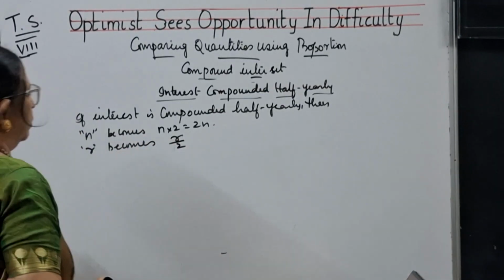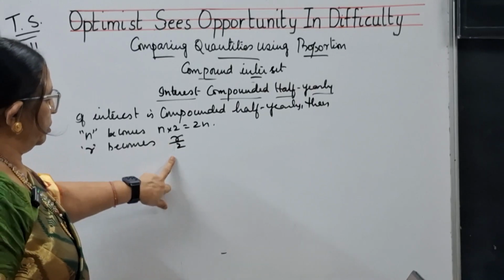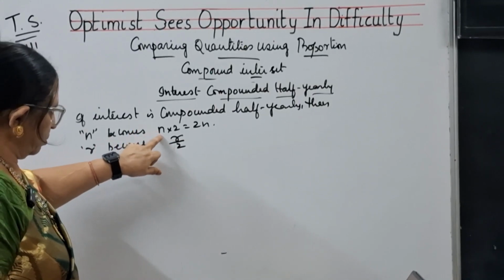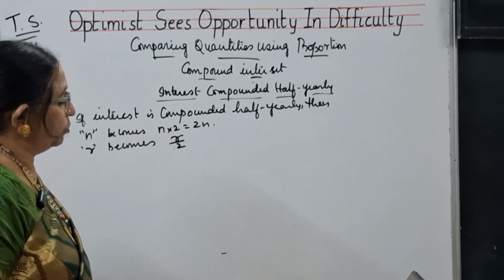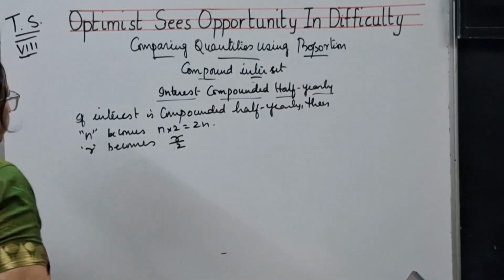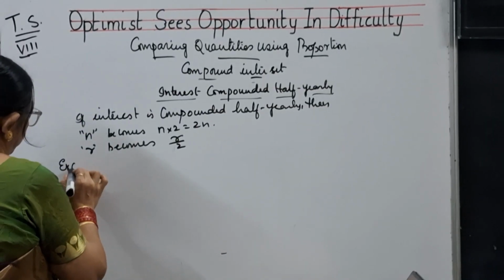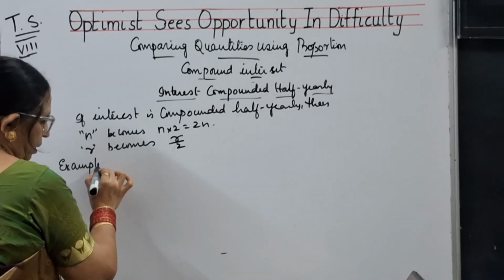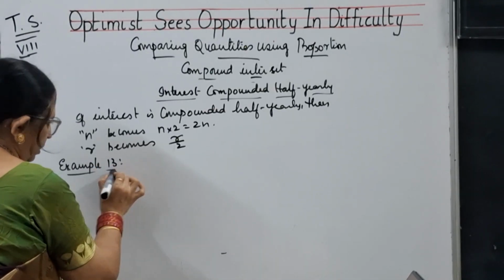The percentage should be reduced by half, the years should be multiplied by 2, the n value should be multiplied by 2. Basing on this, you have example problem 13.